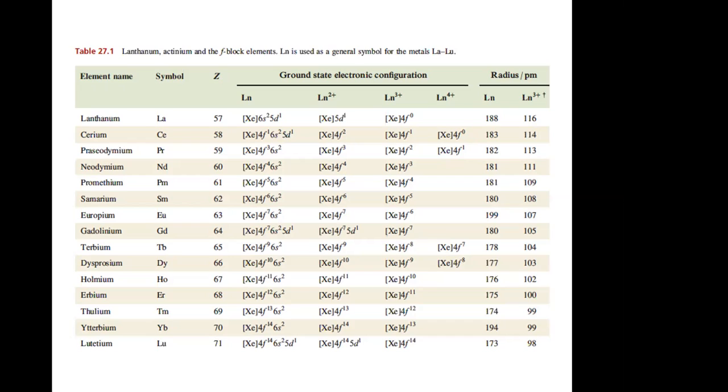And so that leads to a more frequent occurrence of these non-3+ oxidation states for cerium 4+, which is f0, for europium 2+, which is f7, for terbium 4+, which is f7, and also for ytterbium 2+, which is f14.